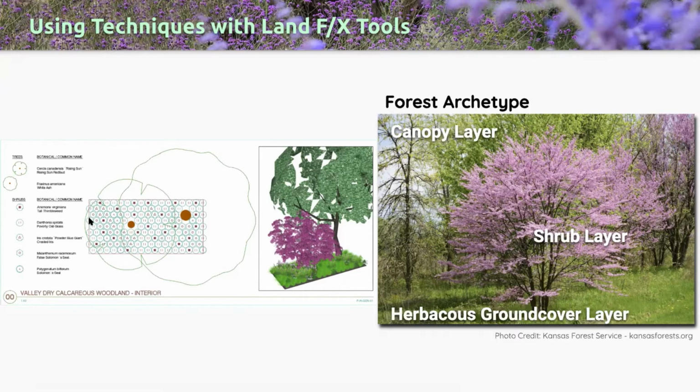I mostly did grass. The anemone I scattered as it would be naturally. And then I also did some swaths of the false Solomon seal, because it's a bit taller, and grouped the regular Solomon seal around those to give it some emphasis.